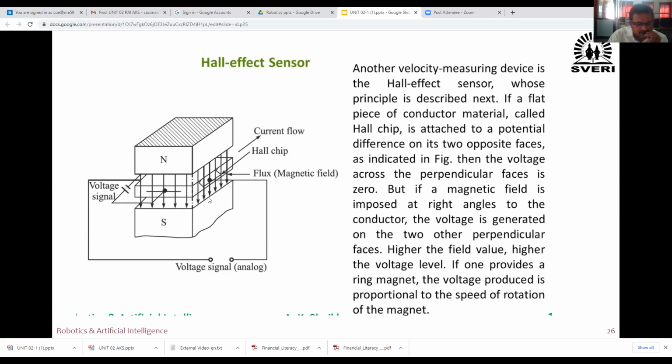When current is passed through this Hall chip, the magnetic flux lines are broken and it induces voltage here, and we get the voltage signal. That voltage signal depends upon the value of the magnetic flux: the higher the magnetic flux, the higher the voltage level.